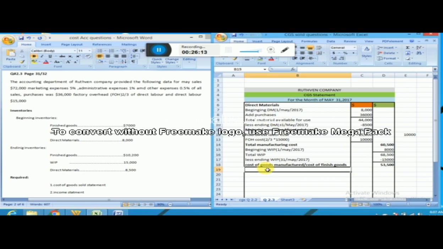Clear now? Beginning finished goods. Beginning finished goods means on 1st of May 2017, this is the remaining finished goods of the previous month. How much? 7,000.